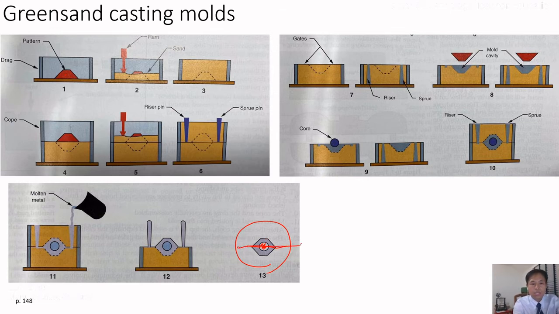But we need to create the first part, right? So this is the first part that is put into a box, and then we pour the sand around the pattern. So put the sand. That's the first, and then the second part is we make this part upside down. This part goes to here, right? And then we create another second part.